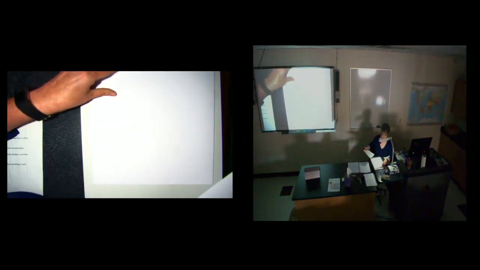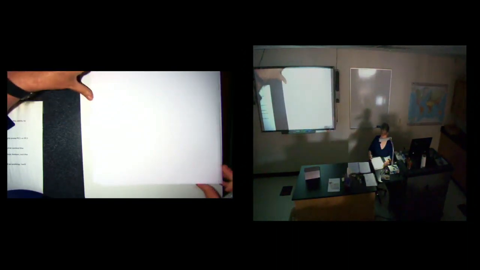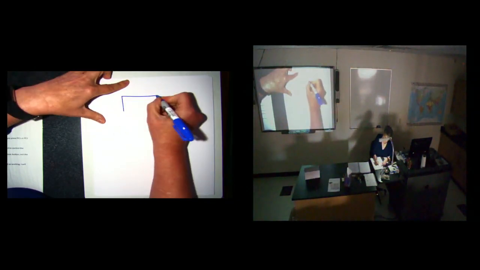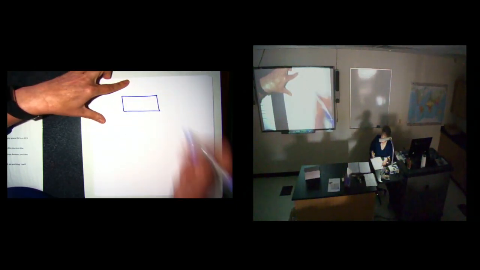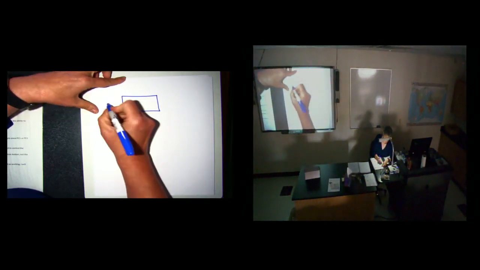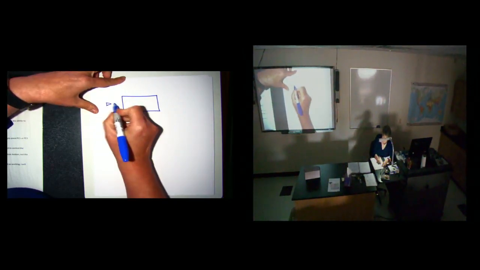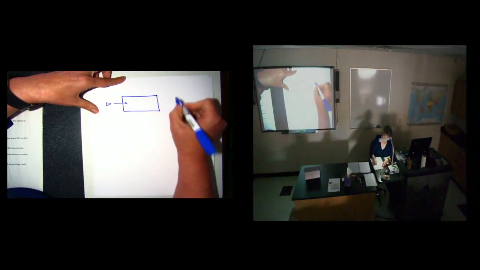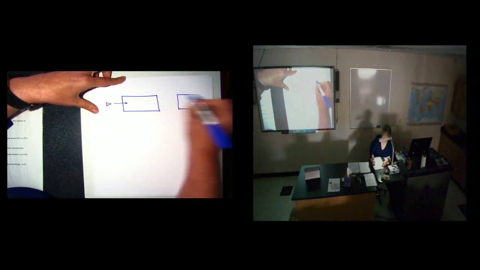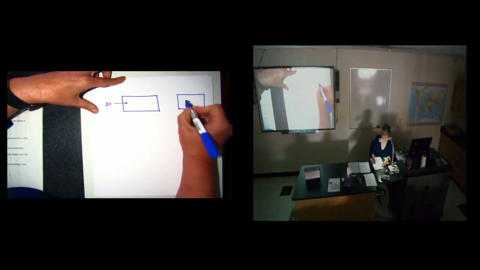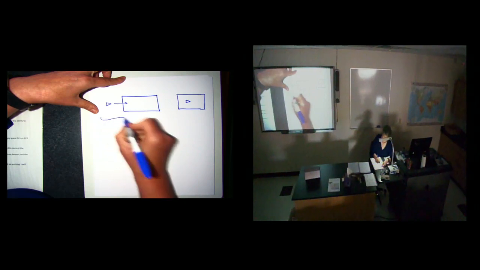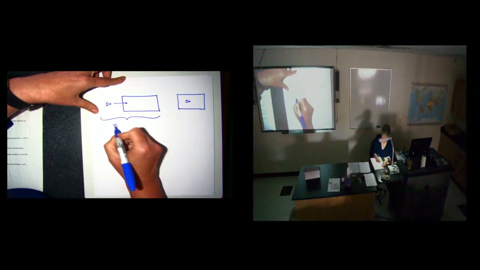So if I'm looking at this as the before, we know we have the mass of the bullet times the velocity of the bullet, plus the mass of the target times the velocity of the target. And usually in my ballistic pendulum, we're starting with this being 0, so I'm only dealing with the mass of the bullet. Then afterwards, we end up with the mass of the bullet, velocity after.